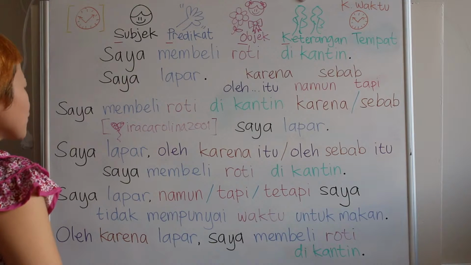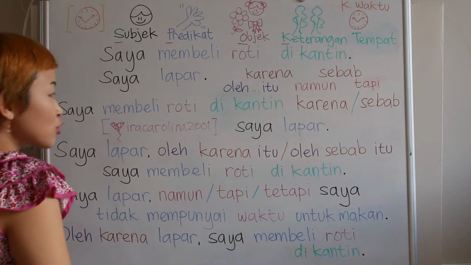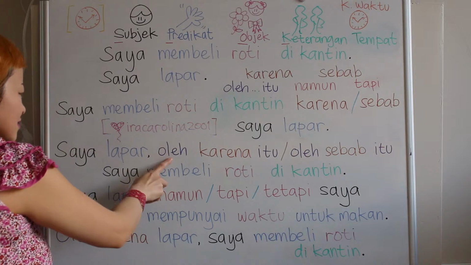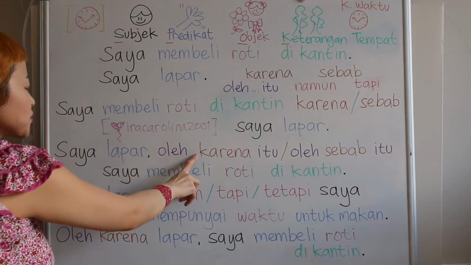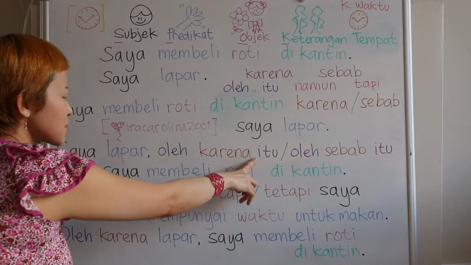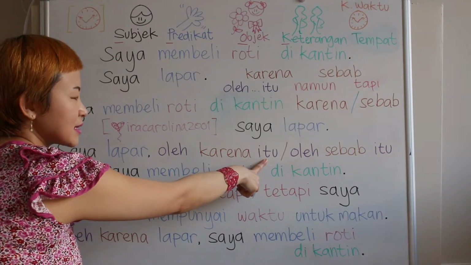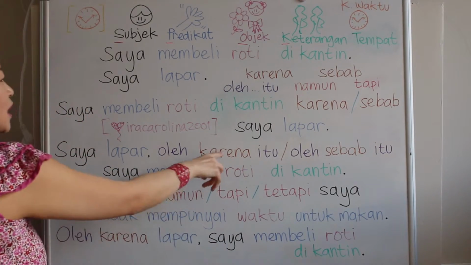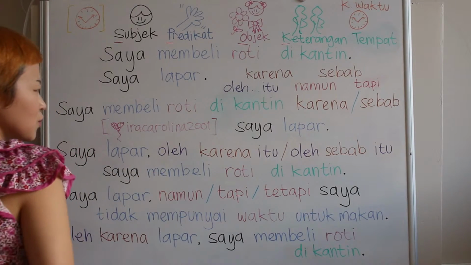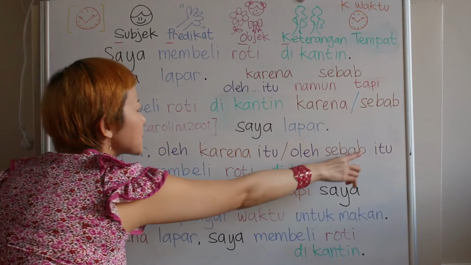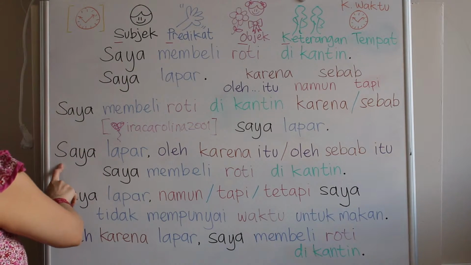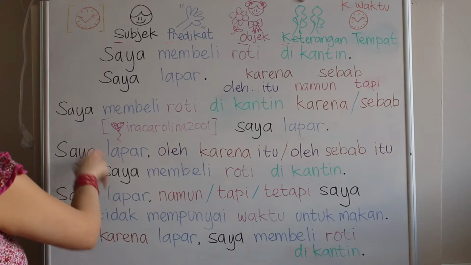And now we will learn how to say because of that. We put oleh, by, then space. We put karena, because, and then space. We put itu, that. We can use karena or sebab. Oleh karena itu, or oleh sebab itu. Saya lapar.